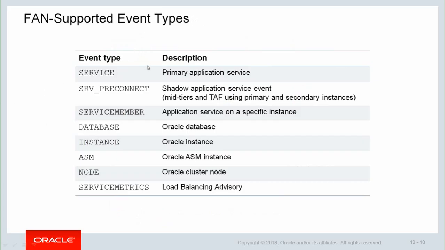And here are the FAN-supported event types: service pre-connect. So you probably remember the pre-connect method. It's a part of TAF. And also service member and database related FAN messages, and also service metric based.